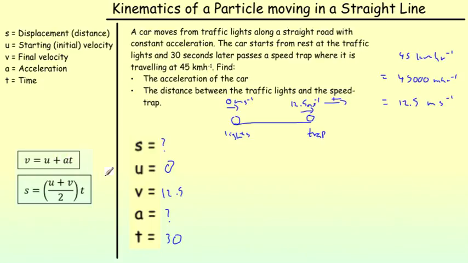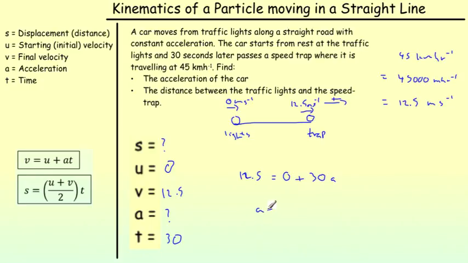So v, which is 12.5, is equal to u plus at. Well, u is 0, plus a, which is what we're looking for, multiplied by t, which is 30, so that's 30a. So 12.5 is equal to 30a.